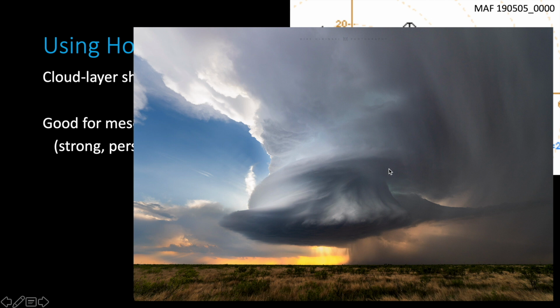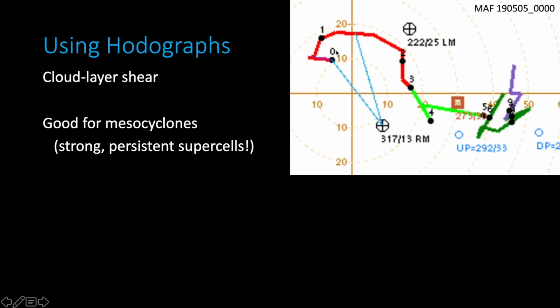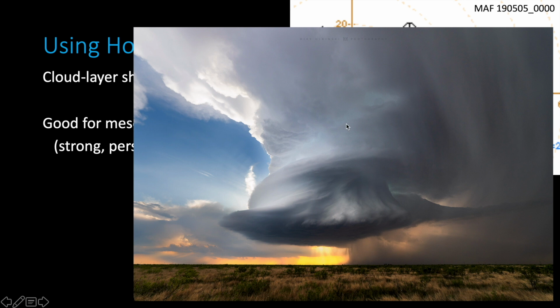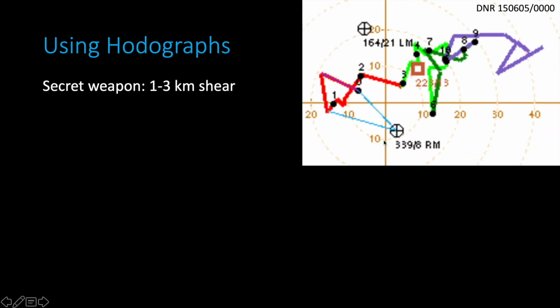And you could see this thing, even despite that lack of 0 to 1 kilometer SRH here, was rotating furiously, and in addition to this being wildly photogenic. My secret weapon when I am going out is this 1 to 3 kilometer shear, or just any kind of shear in the lower cloud layer. And it's really good at bringing to light some more surprise scenarios.